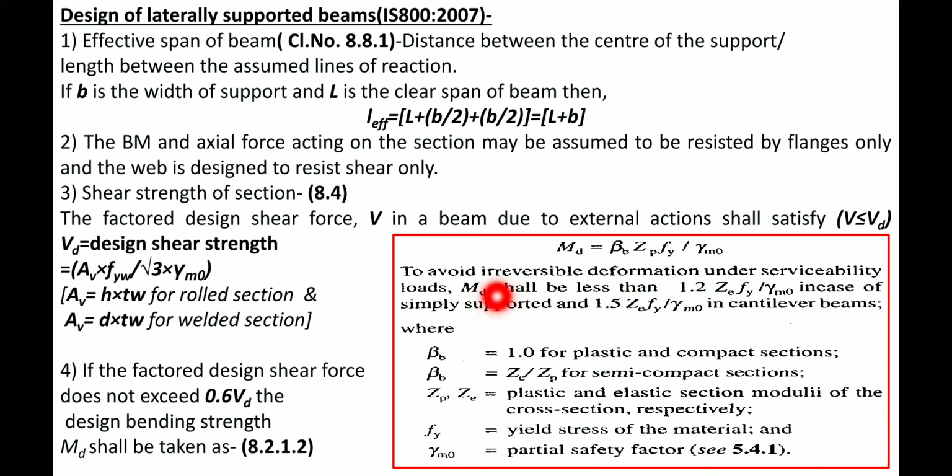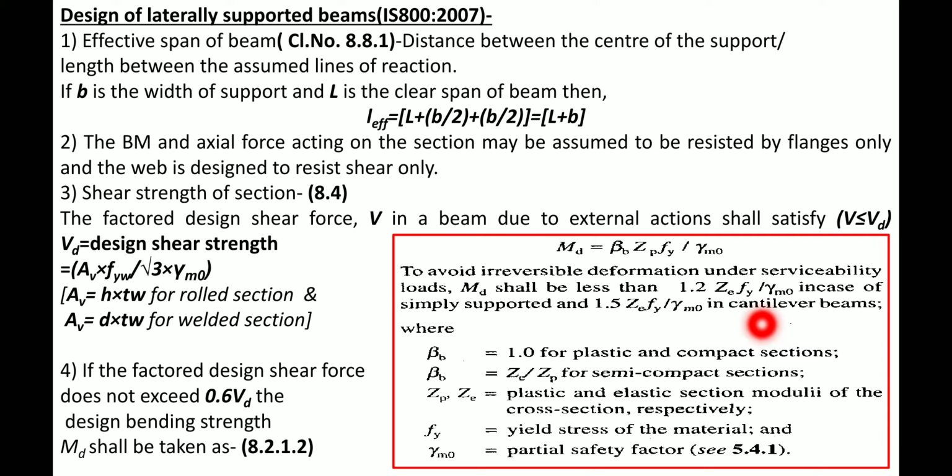This condition is designed to avoid irreversible deformation under serviceability loads. So Md shall be less than 1.2 times Ze into Fy divided by gamma m0 in the case of a simply supported beam, and 1.5 times Ze into Fy divided by gamma m0 in cantilever beams, where beta b is 1 for plastic and compact sections.